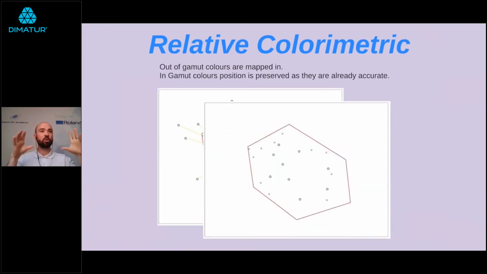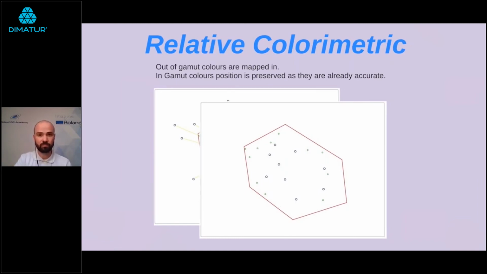So those aren't moved as well. This means that more of the colors that were already in that gamut are accurate. They stay where they are, and then we just bring in the ones that were outside. So we have more accuracy from the original colors, but the relationships are not as photographic as they were in the previous option.